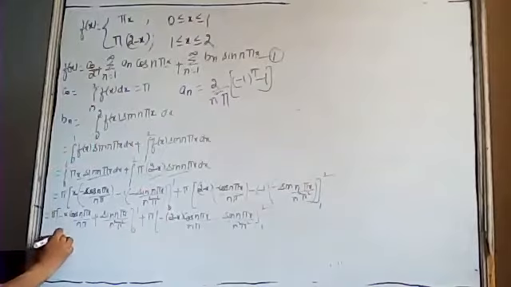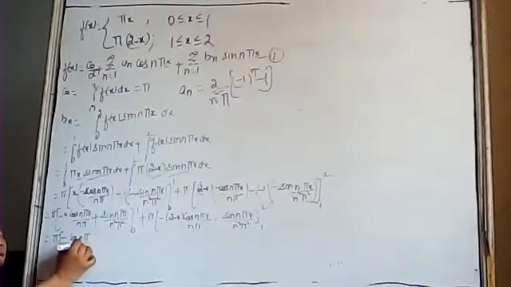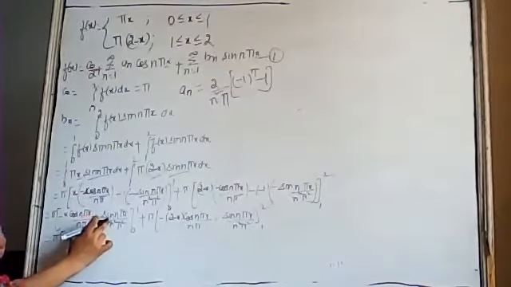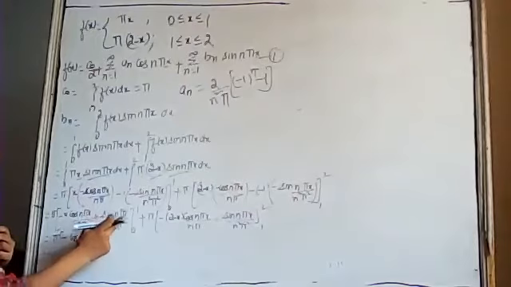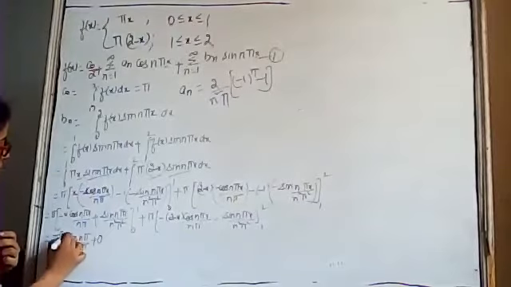Substitute the limits. Pi. This is minus cos of n pi upon n pi. Here we will put the limit, in place of x we put 1, it will be sin n pi, and sin n pi is 0. So this term will be 0.